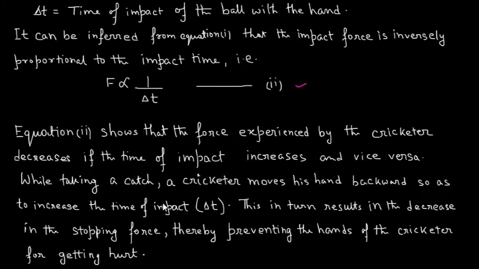While taking a catch, a cricketer moves his hand backward so as to increase the time of impact, that is delta t. This in turn results in a decrease in stopping force, thereby preventing the hands of the cricketer from getting hurt.